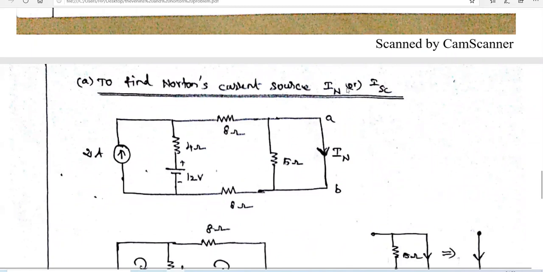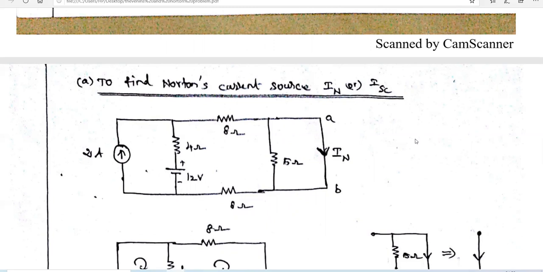So during the calculation of this Norton's current source, the two terminals across which we are going to draw the equivalent diagram must be short circuited. In Thevenin's, during the calculation of Thevenin's voltage, the two terminals A and B must be open circuited.